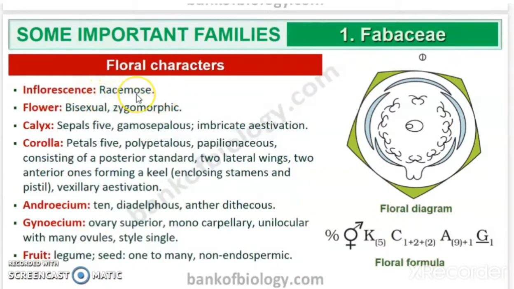In racemose inflorescence, what happens is the main axis will continue to grow, and the flowers will be borne laterally in an acropetal succession. The floral axis keeps growing straight, and in the lateral portion of the floral axis we can see the flowers forming, and that too in acropetal succession, right?